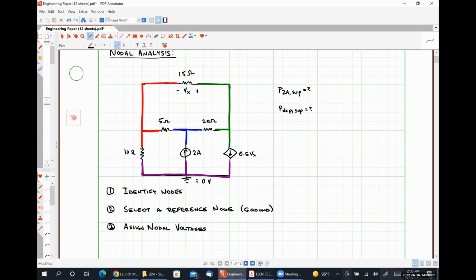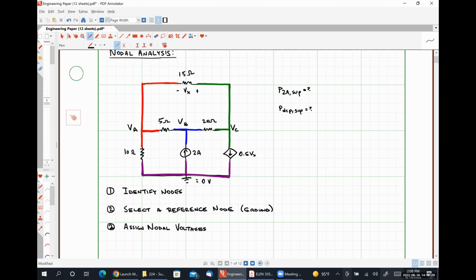For instance, let's call this red node A, this blue node B, and this green node C. And then I'm going to assign nodal voltages by simply saying that there is some voltage VA at node A, some voltage VB at node B, and some voltage VC at node C.